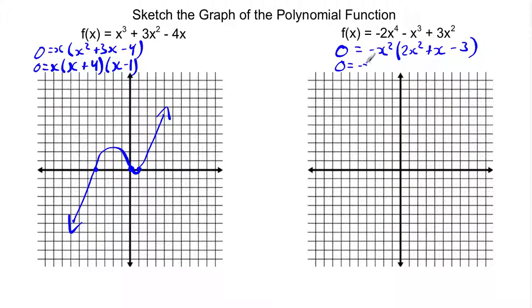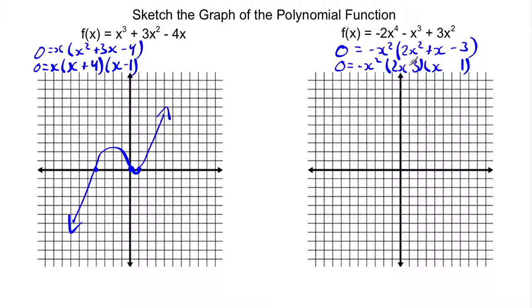So I get 0 is equal to negative x squared. Let me rewrite that. I'm going to have these two factors. 2 and 3 are both prime numbers, so that's very helpful. So I'm going to have 2x and x. And where's that 3 going to go? I believe it's going to go here.